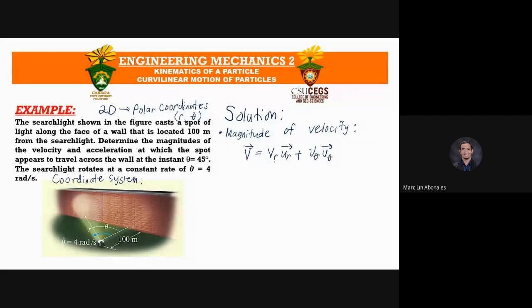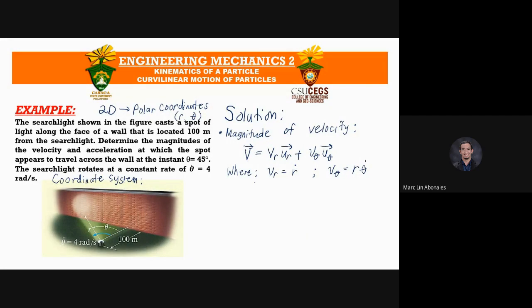So the first part represents the radial component, and the second part represents the transverse component, where VR, or the radial, is the first derivative of r with respect to time, or r dot, and V theta is r times theta dot, or r times the angular velocity.